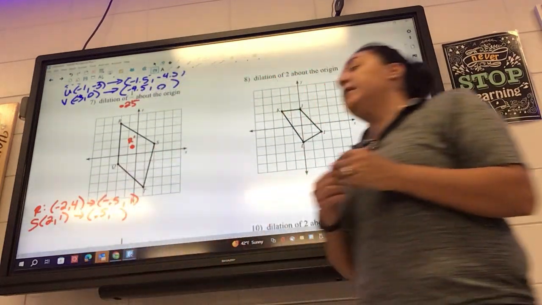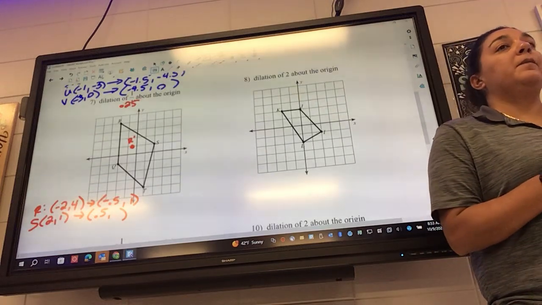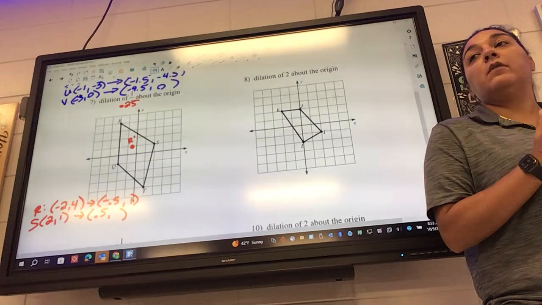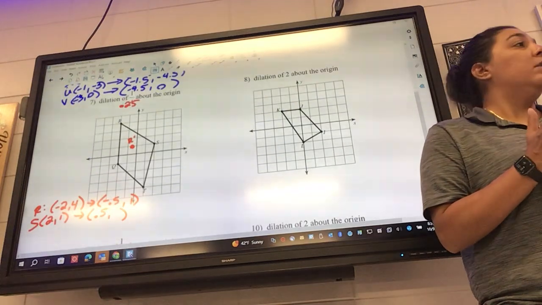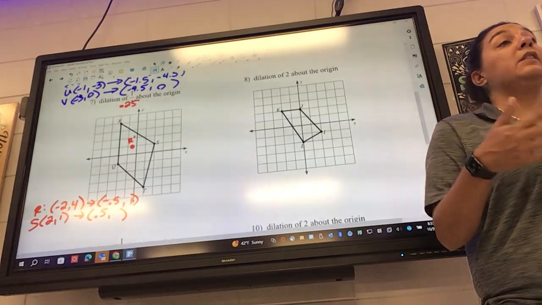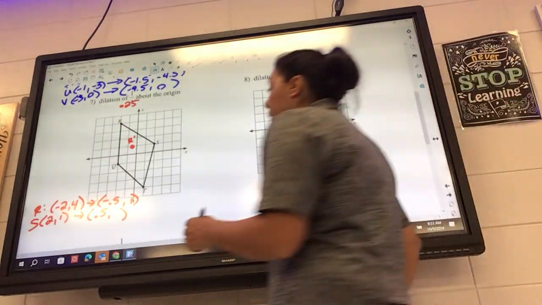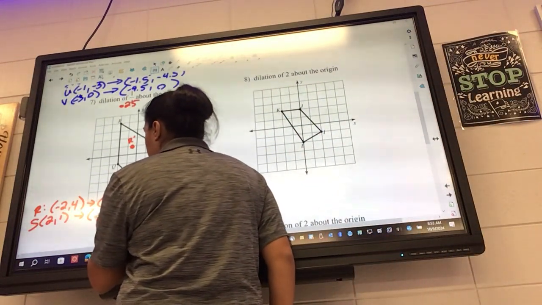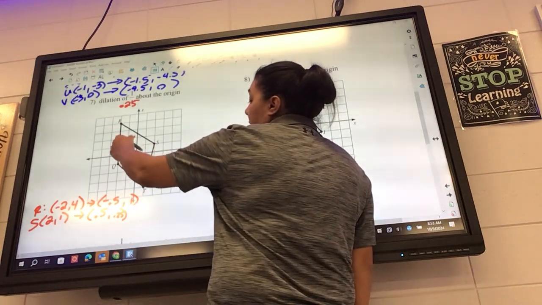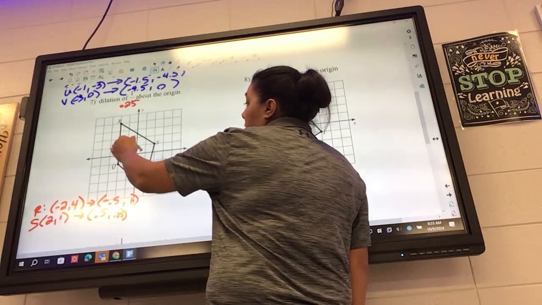Okay, 1 times 0.25. 0.25. So 1 times anything is the anything. So this is going to be 0.25. So for the S, it's going to be over a half and then up a tiny quarter.